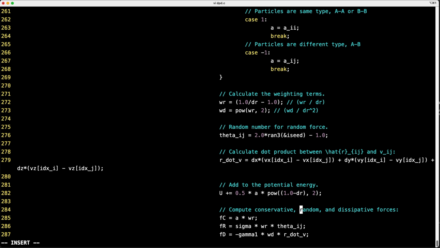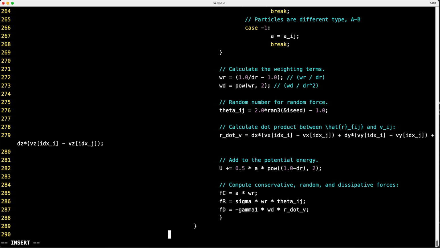Well, this dot product, r dot v, is actually between a unit vector in the direction of dr and the difference between the velocities of the particles. And so right here you can see that dx, dy, dz, if you were to get the magnitude of this vector, this would not be a unit vector. So the second value of dr here that shows up in the dissipative weighting term is dividing through dx, dy, and dz to make this a unit vector. So that means that we're correct. This is totally fine to do it this way.